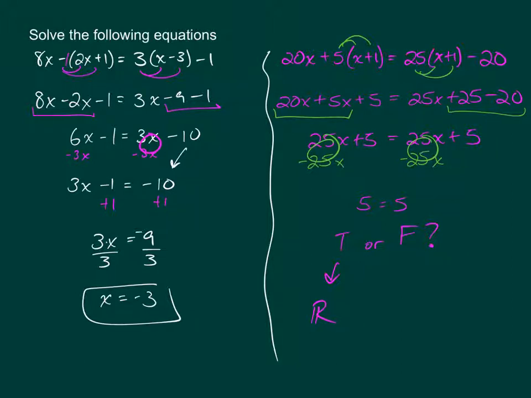If you reduce away all of the x's and you get a statement that is false, that means your answer is no solution, and you can represent it by this symbol here, the empty set, or you can simply write no solution. But for this example, the answer is all real numbers.